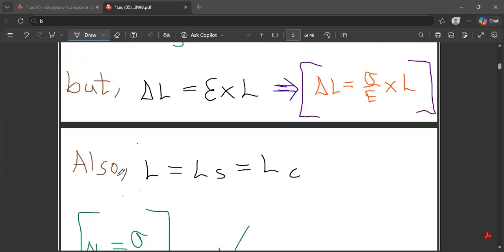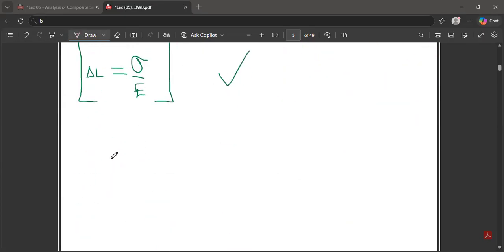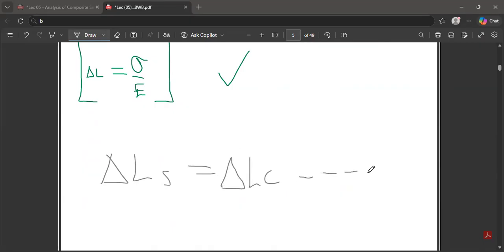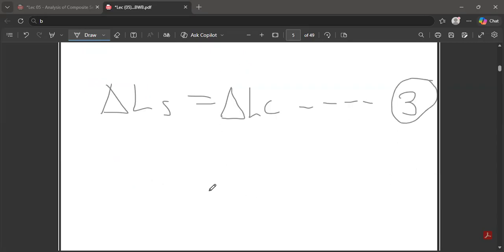The change in length of the steel is equal to the change in length of the copper. Let me put this over here. So this was the equation 3 I'm talking about, which I just wrote earlier.